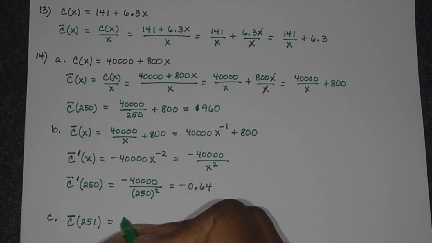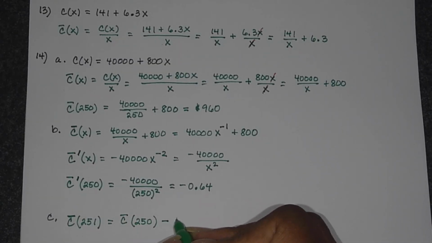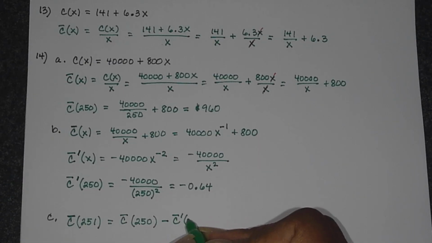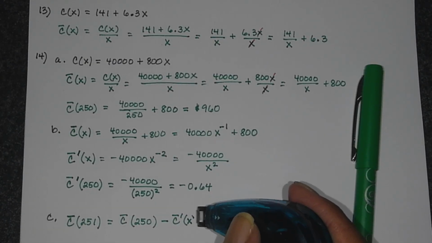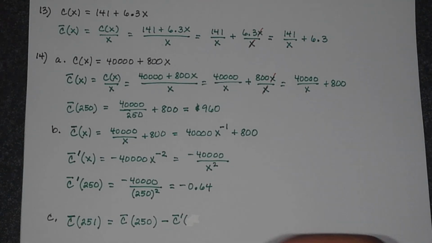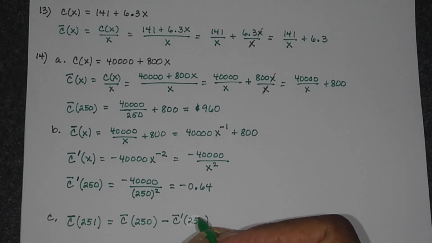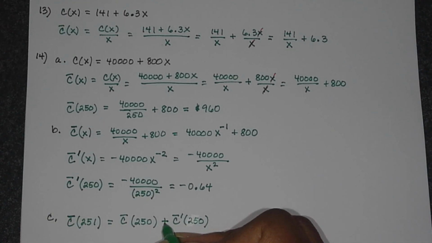The way we do that, it'll be the average cost for 250 items minus C bar prime of x, or C bar prime of 250. So we're using what's in parts A and B. And this should be plus.